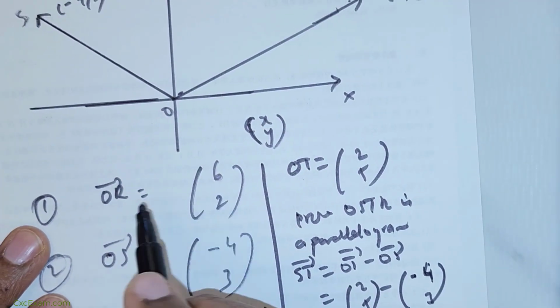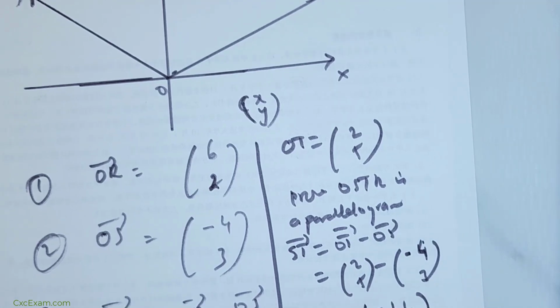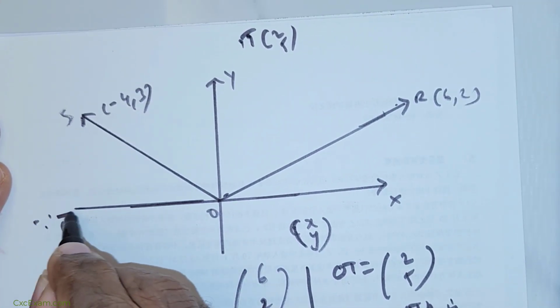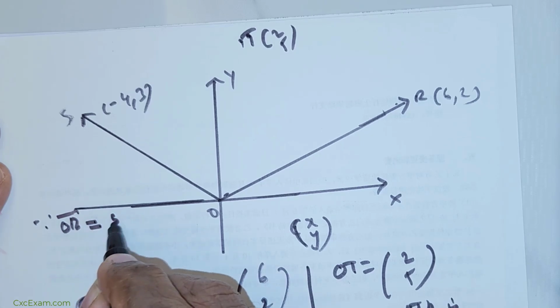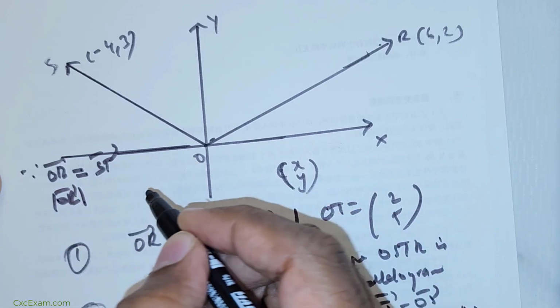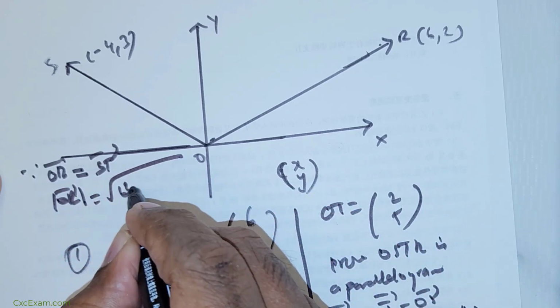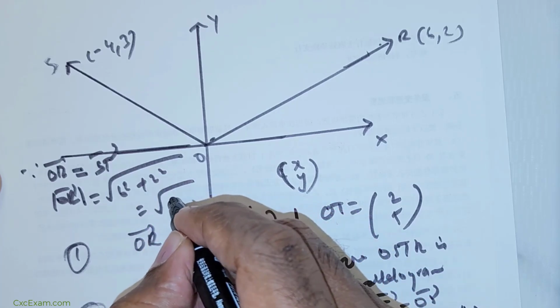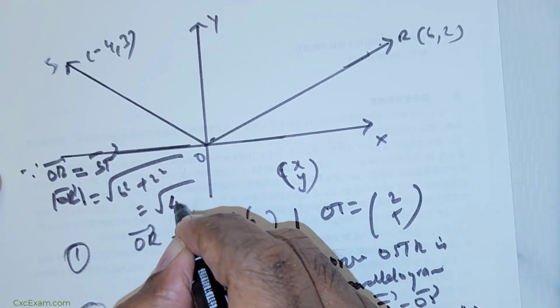Now go to OR. What is OR? See here, OR is [6; 2]. Since OR vector is equal to ST vector, the magnitude of OR vector is equal to root of 6 squared plus 2 squared, 36 plus 4, which is 40.